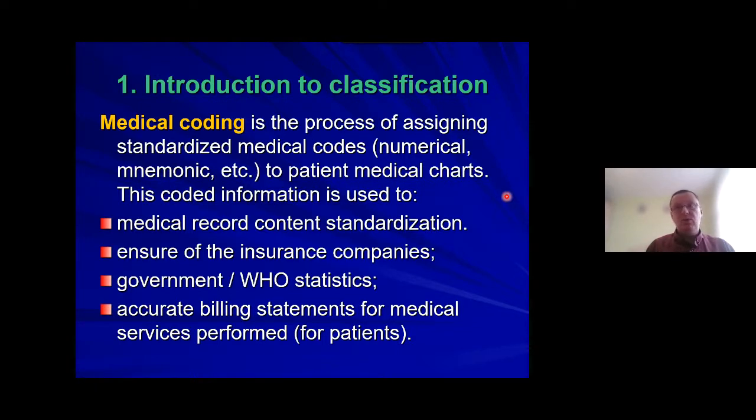In this case, I mean not only the application of medical coding with computer assistance, with a computer patient record, but in general, because medical coding systems could also be applied, and have already been applied for a long time, for decades, with the conventional paper-based patient record too.